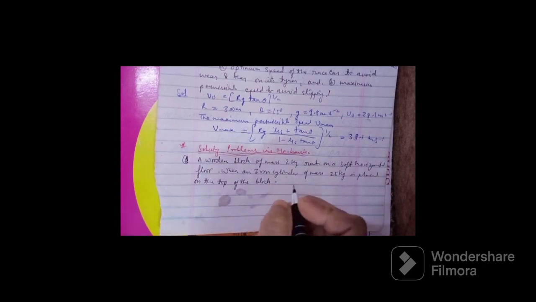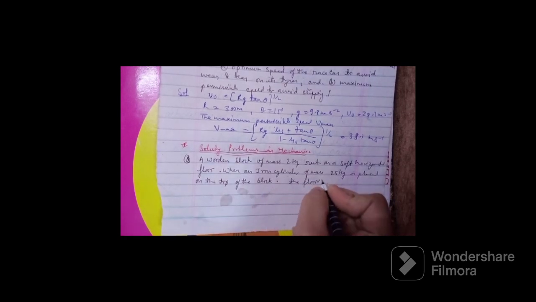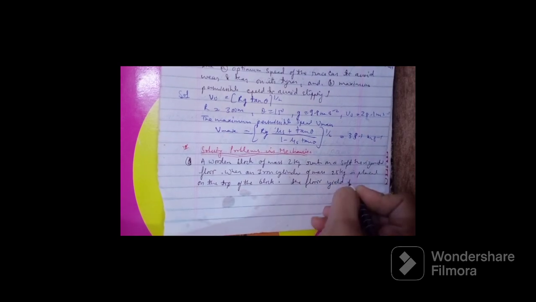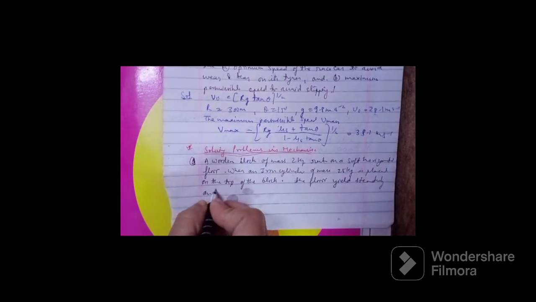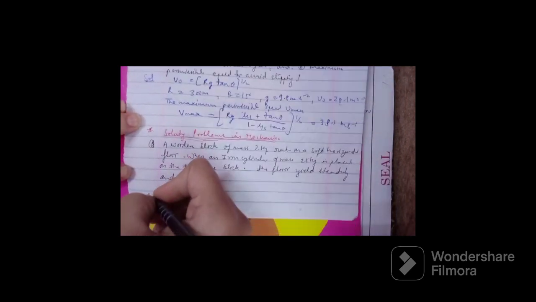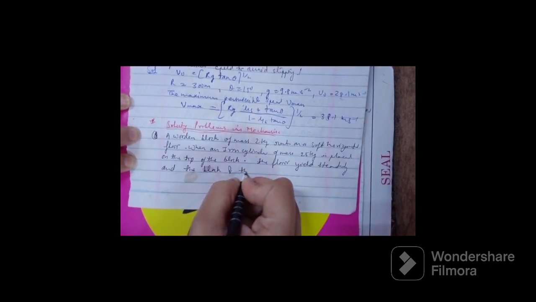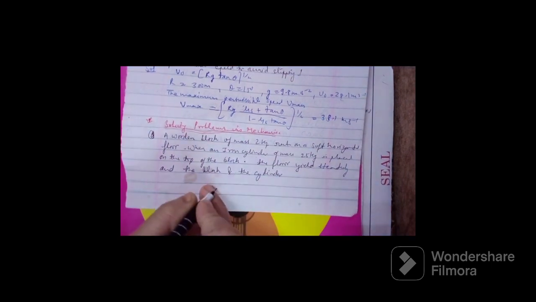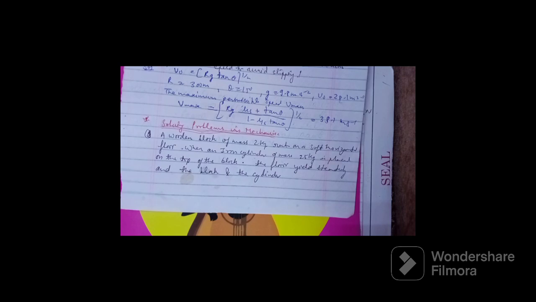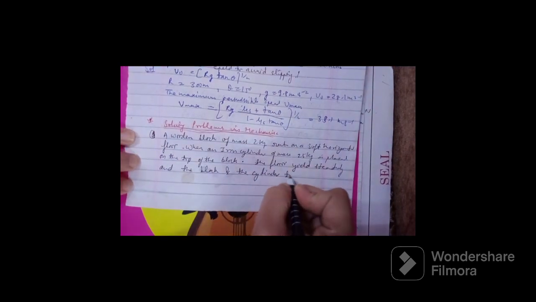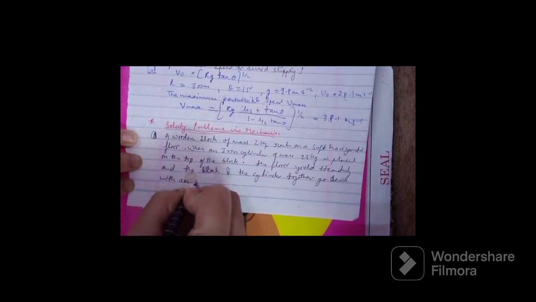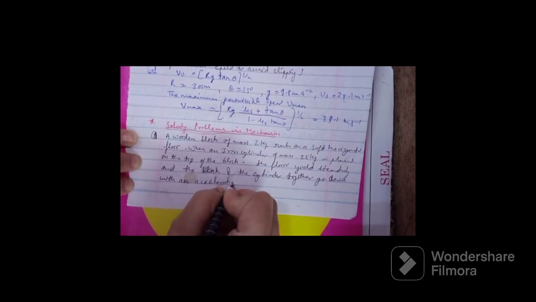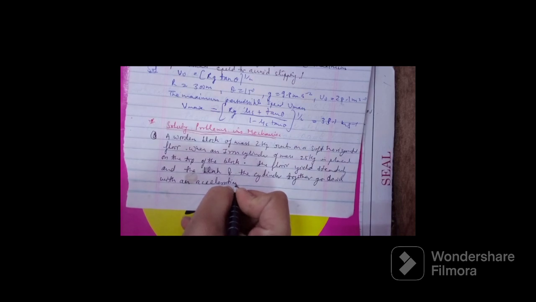The floor yields steadily, and the block and the cylinder together go down with an acceleration of 0.1 meter per second squared.